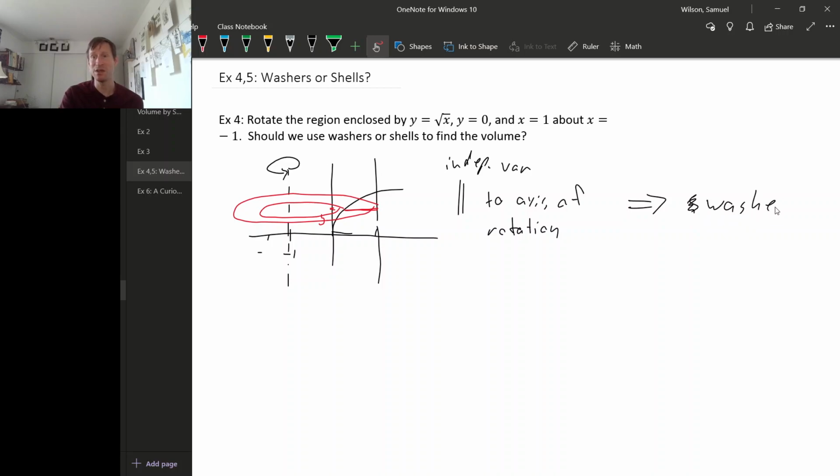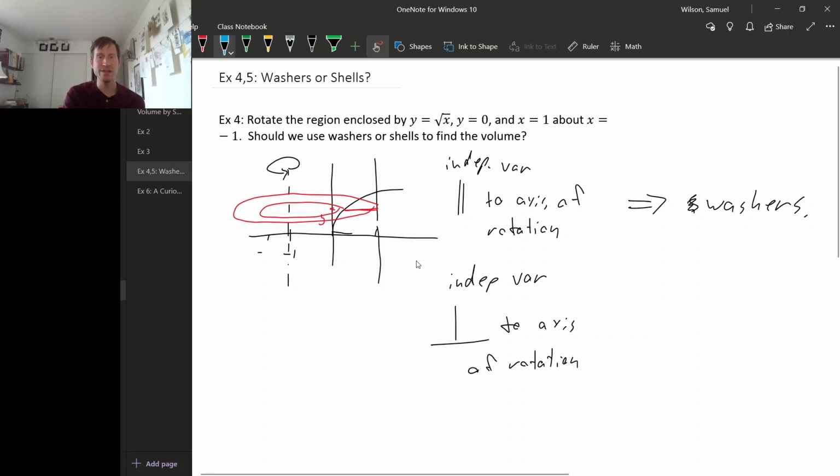Or disks, maybe. Okay, but if your independent variable is perpendicular to the axis of rotation, in this case, the coordinate axis that's perpendicular to the axis of rotation is the x-axis.